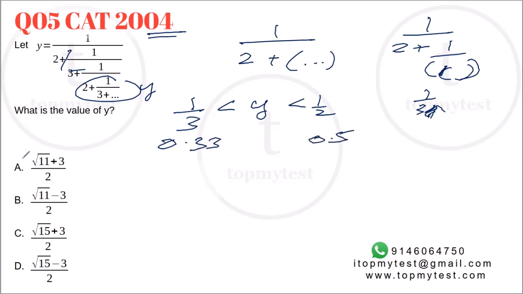Obviously, option A is out because this was 3 by 2 plus an irrational number. Again, this is 3 by 2 plus root 15 by 2. Both of them will be more than 1, right? So one of these two is the option.